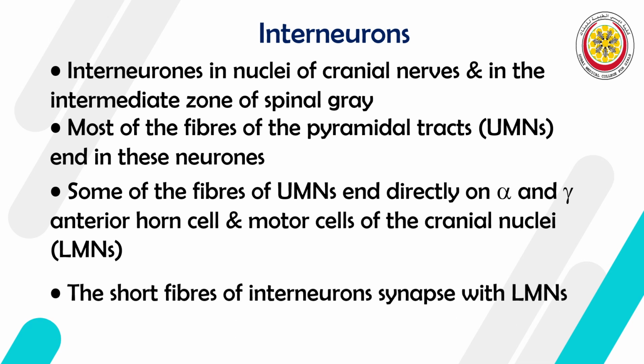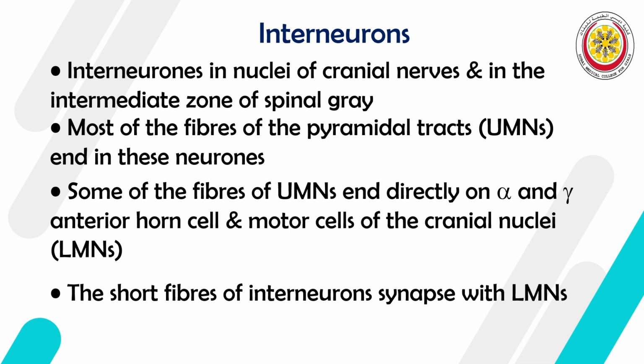So these are the interneurons. Now, some fibers of the upper motor neurons end directly in alpha and gamma motor neurons, but most of them end in interneurons, and of course, like the ones in the anterior horn cells, they end in cranial nerve nuclei also. So interneurons are found both in the spinal cord and in the nuclei of the cranial nerves.